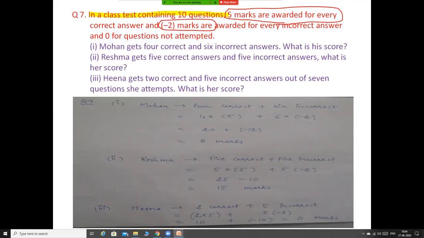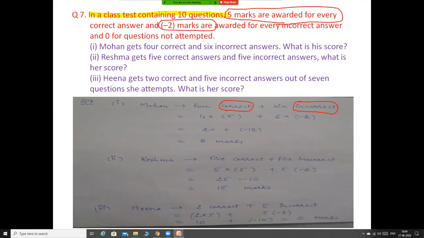Mohan gets 4 correct. One correct answer means 5 marks. Incorrect means minus 2. Six are incorrect. For Mohan, 4 correct and 6 incorrect.